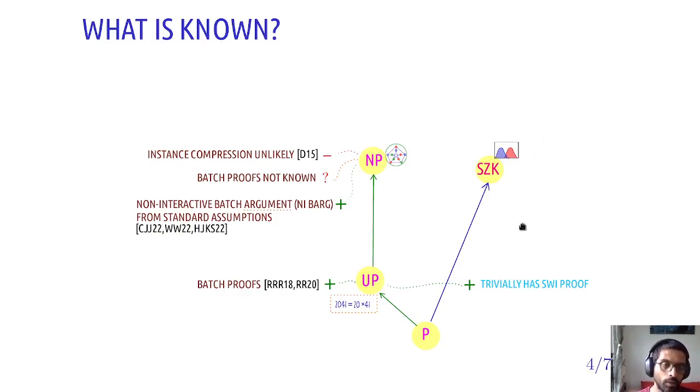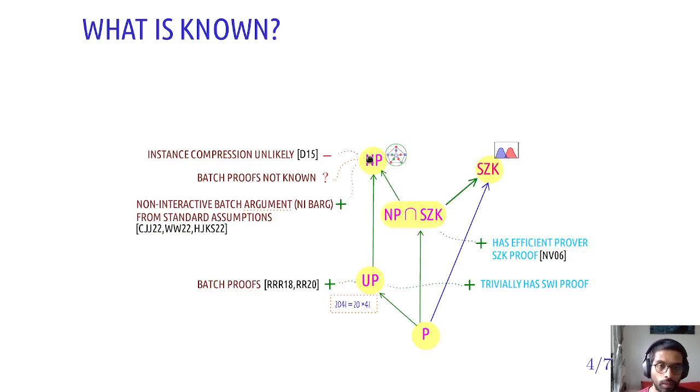But recall that we are interested in SWI proofs where the prover is efficient, but not all problems in SZK are known to have an efficient prover. However, there was a work by Nguyen and Vadhan who showed that if we take the intersection of SZK and NP, then it does have SZK proofs with efficient provers, and therefore it also has SWI proofs.